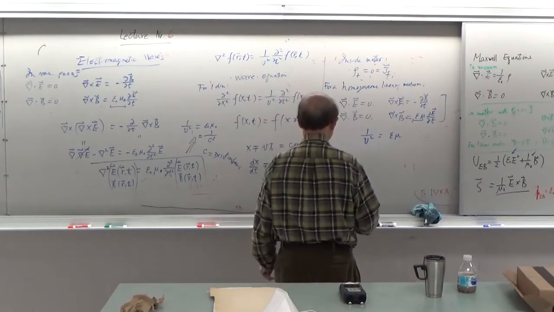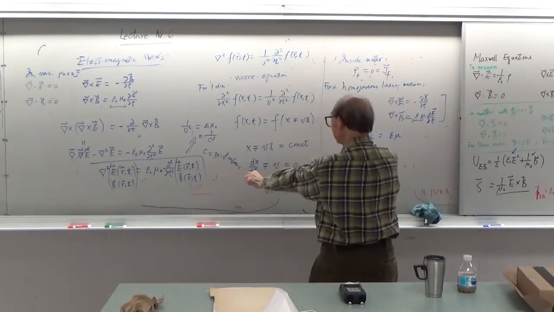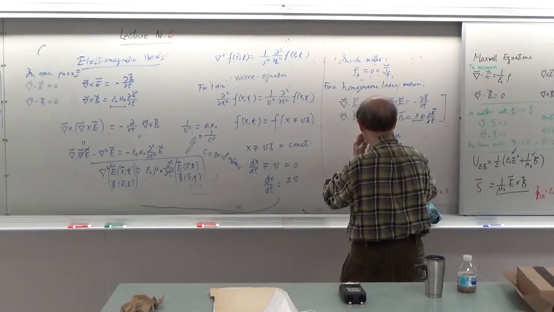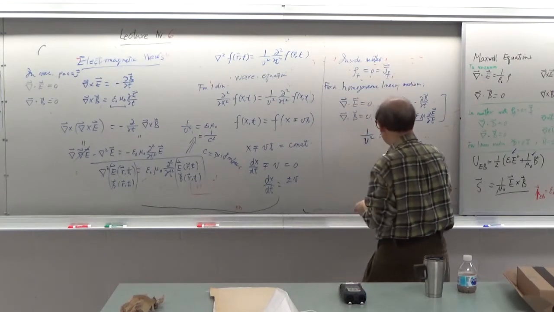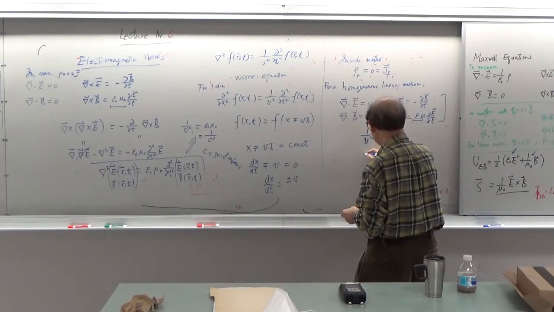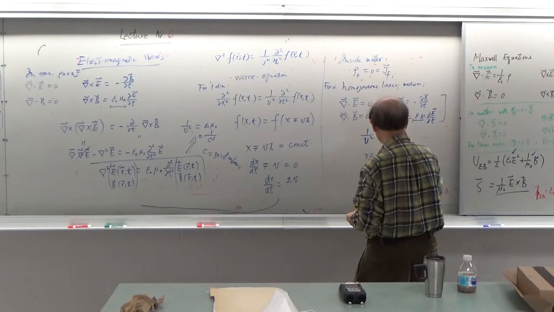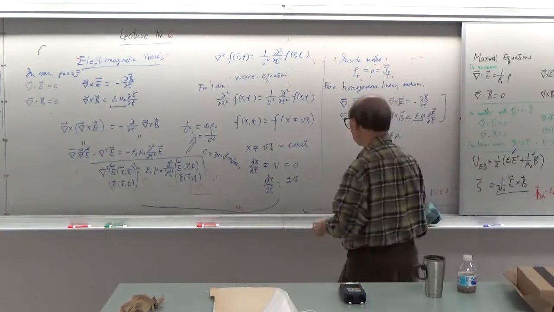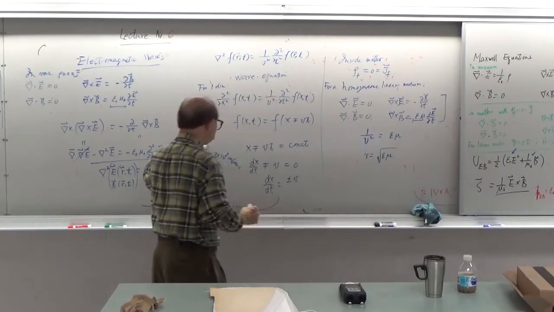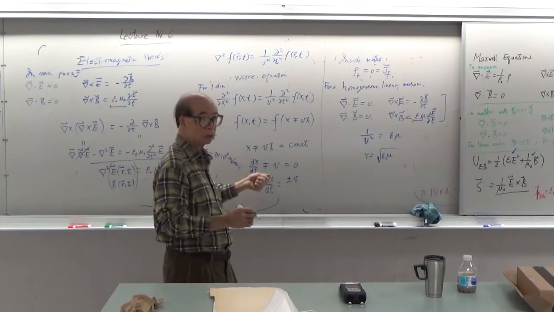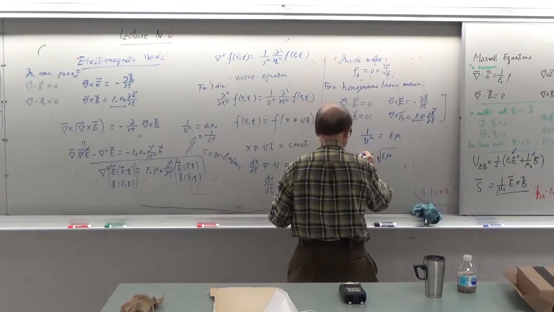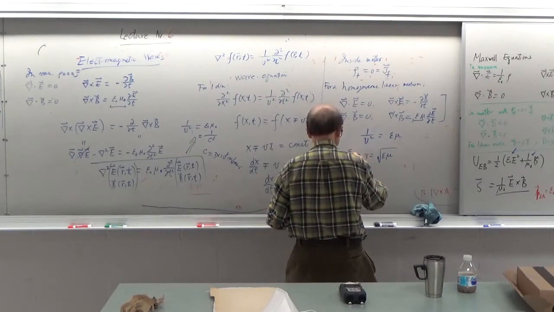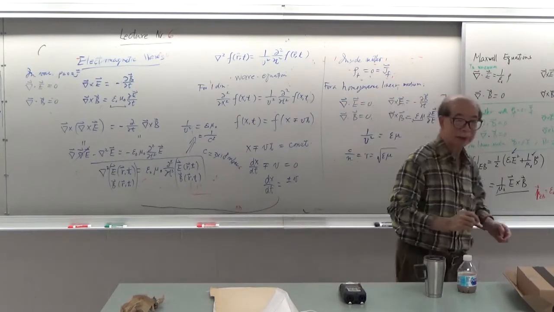So v is equal to 1 over the square root of epsilon mu. And v very often is written in terms of c, the speed of propagation in vacuum, as c divided by n. n is the index of refraction.